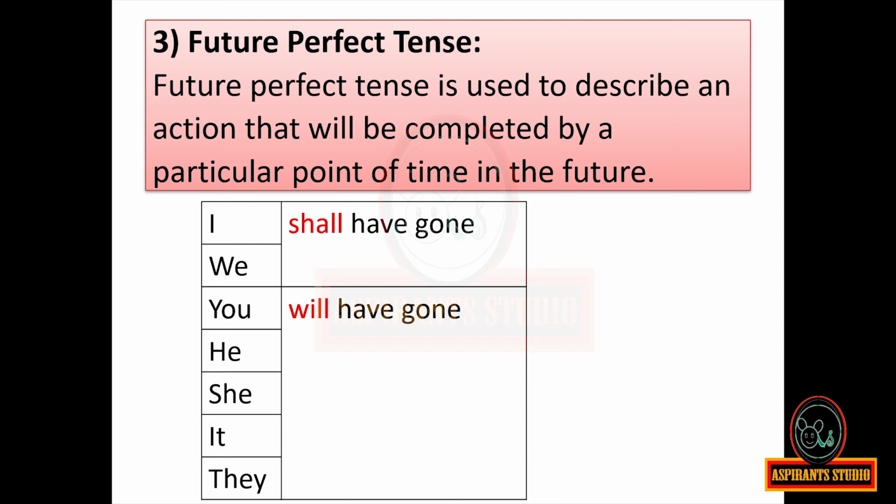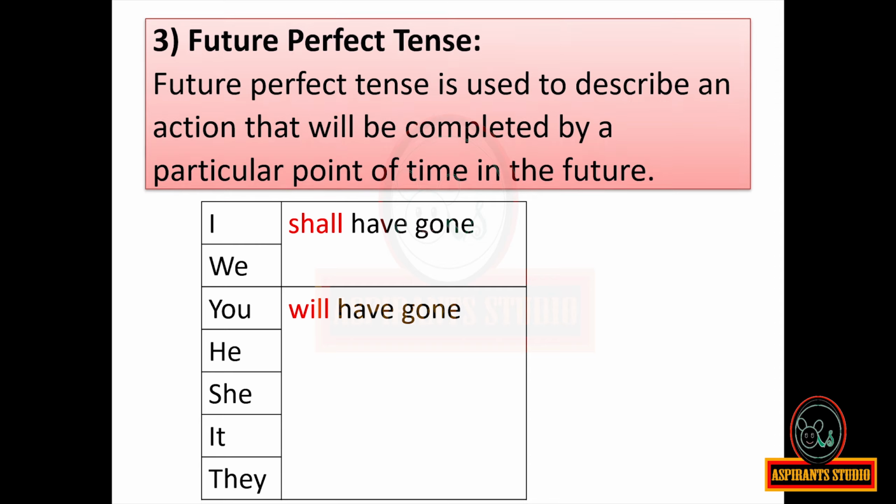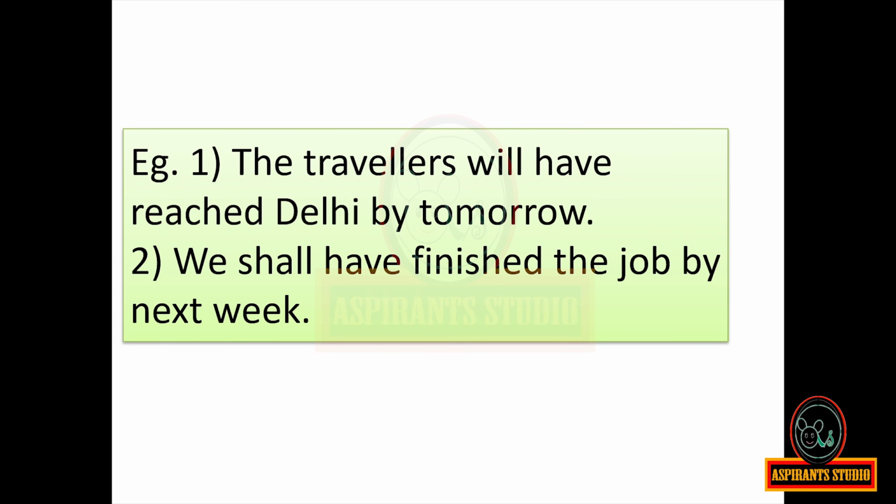You, he, she, it, they will have gone. Example, the travelers will have reached Delhi by tomorrow. We shall have finished the job by next week.